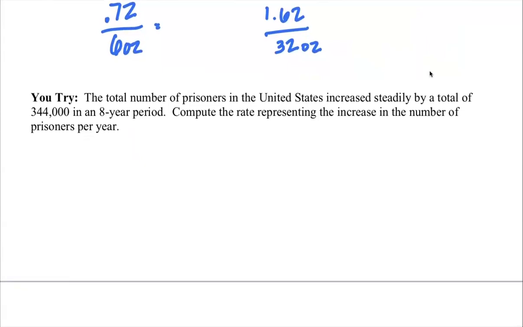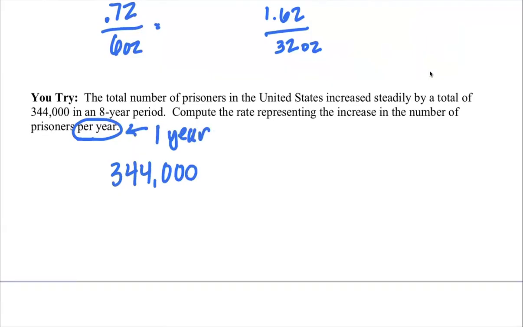The total number of prisoners in the U.S. increased steadily by a total of 344,000 in an 8-year period. Compute the rate representing the increase in the number of prisoners per year. That is pretty much asking for a unit rate, and I know that because per year implies 1 year.